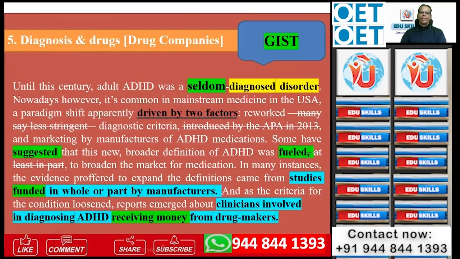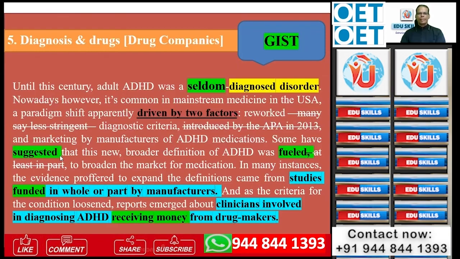And nowadays, however, it's common in mainstream medicine in the USA, a paradigm shift apparently driven by two factors. They are saying these days, the modern trends are driven by two factors. I have struck out the things which are not essential. These are secondary information. Driven by two factors, rework and marketing by manufacturers of ADHD medications.